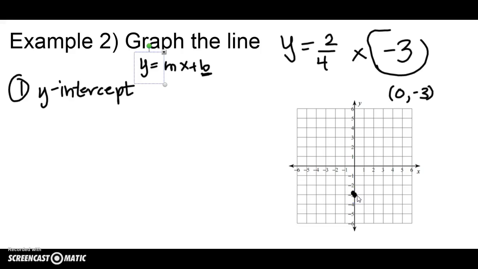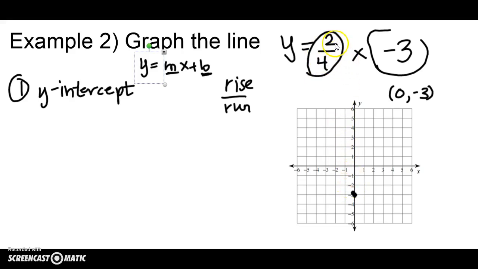This is my y-intercept. We know that m represents our slope, so we're going to identify 2/4 as our slope. If you recall from our rate of change standard, we know that slope is the same thing as rise over run. So we can use this fraction when plotting our line.